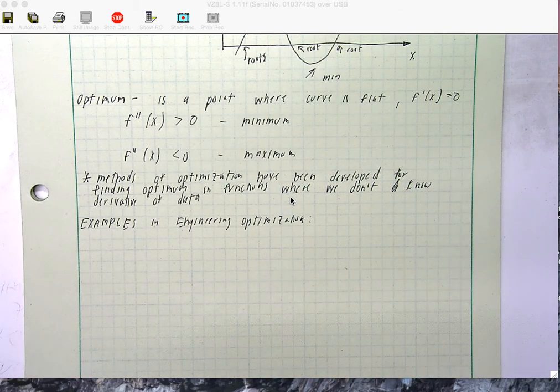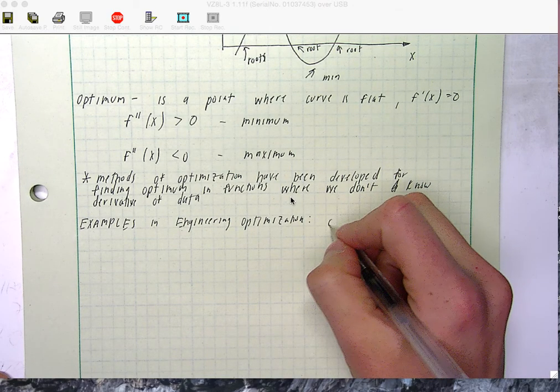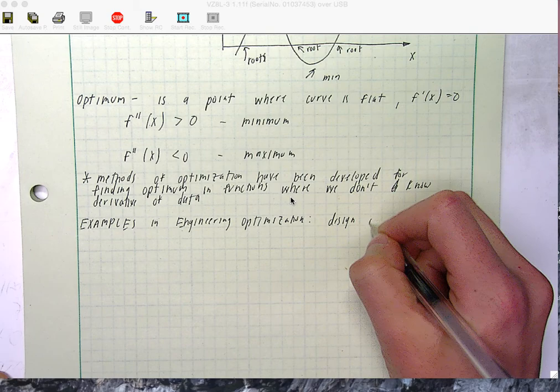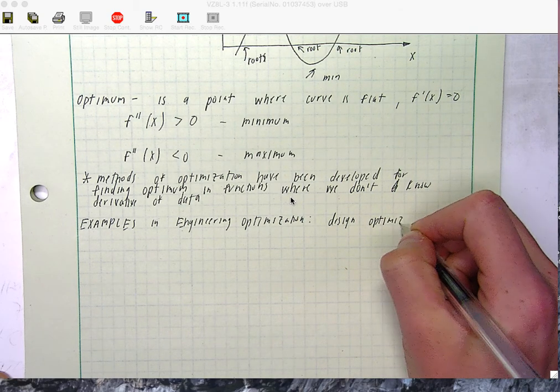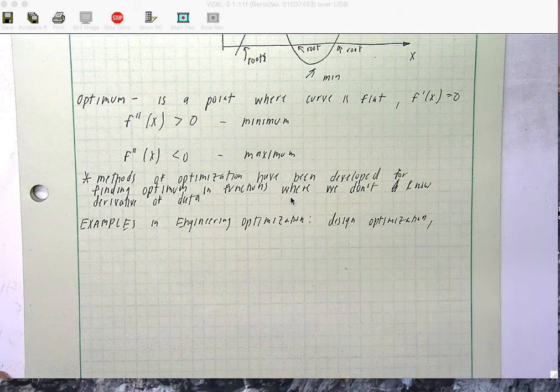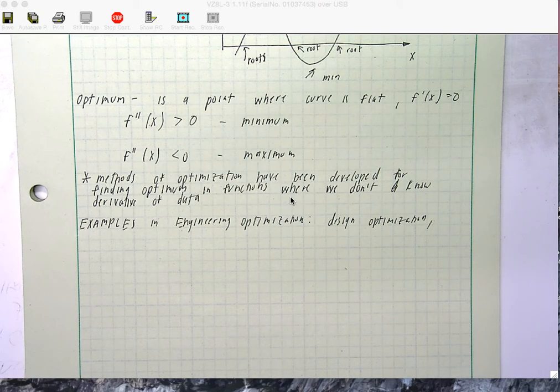There's a ton, and it becomes more and more complex when you add more and more conditions, basically. But design optimization is a form of this optimization, and it's all based off of this same basic principle of finding some sort of optimum, regardless of what that is.